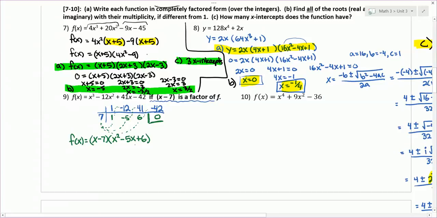So now f of x has been factored a little bit. We may be able to factor more, and let's try. The x squared minus 5x plus 6, we're looking for two numbers that multiply to 1 times 6, which is 6, and add to negative 5. We should come up with negative 2 and negative 3.